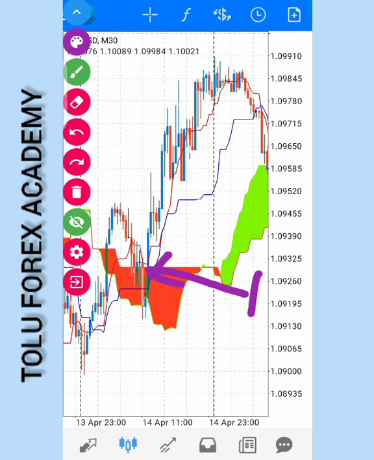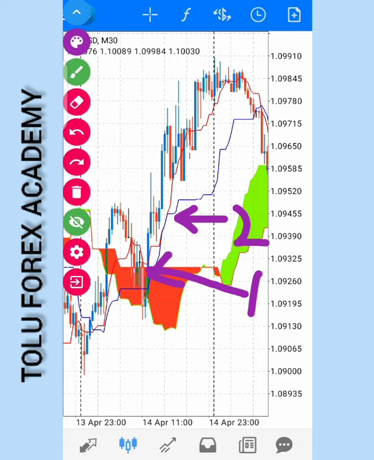Number two, when there's a crossover of the baseline and the conversion line, depending on what color you are using. For my own, the conversion line is red and the baseline is blue. Once this crossover happens, you enter a buy trade or sell trade depending on which trend, if it is bullish or bearish. But for this one, it is bullish.